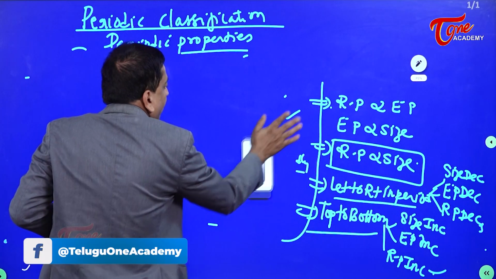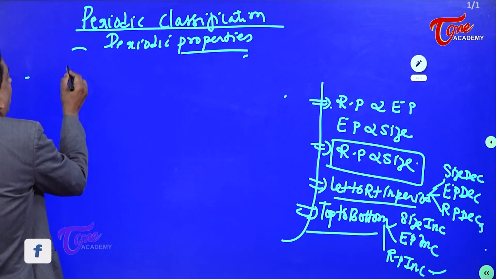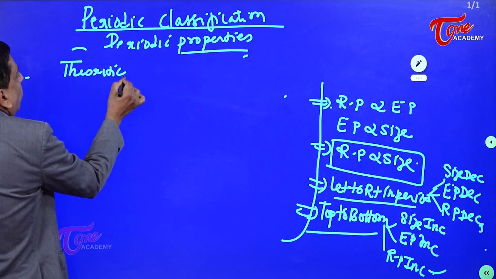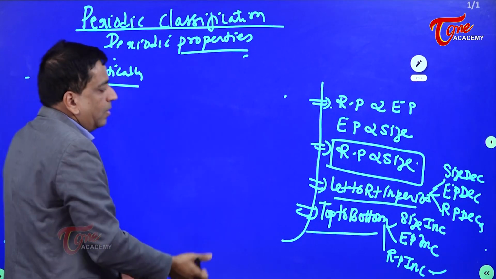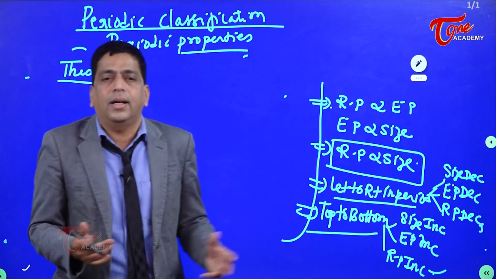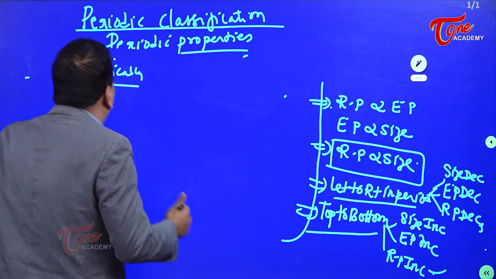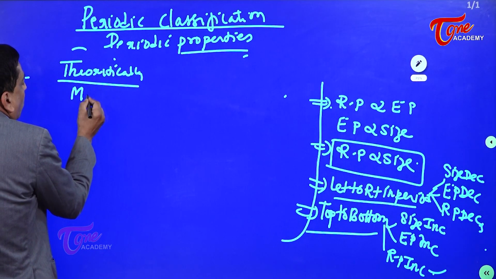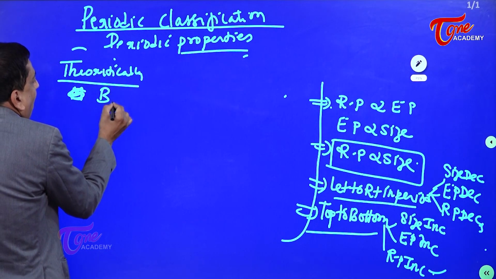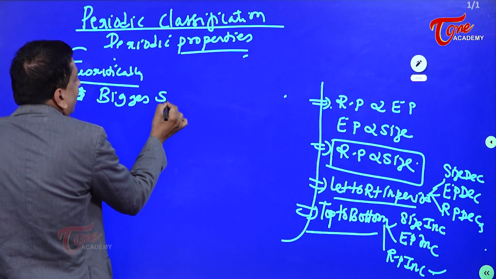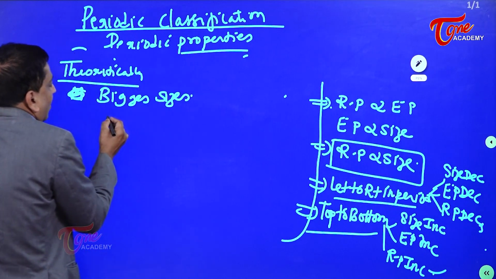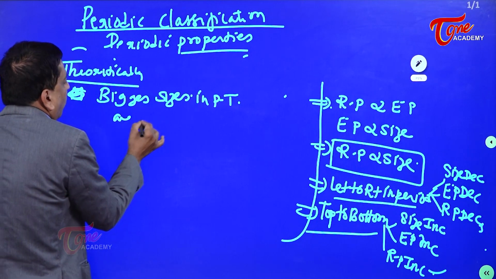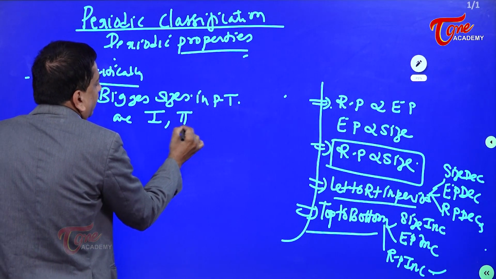Theoretically, the theory which I am discussing, I can simply say like this: the biggest sizes in the periodic table are the first group and the second group.